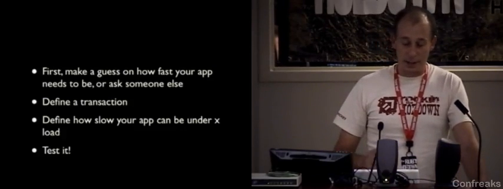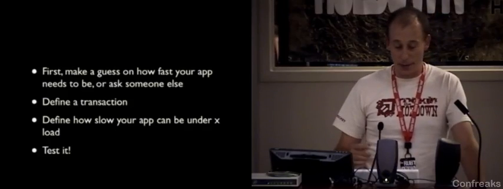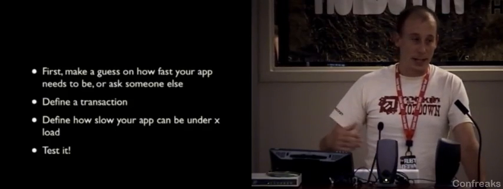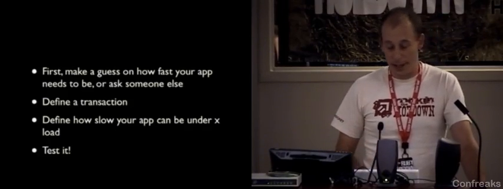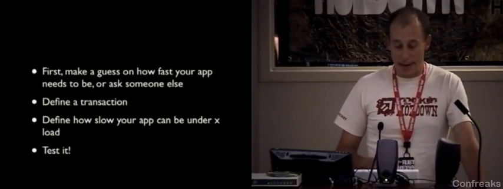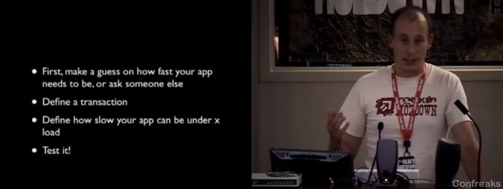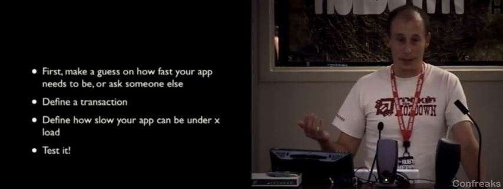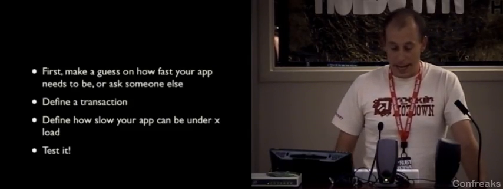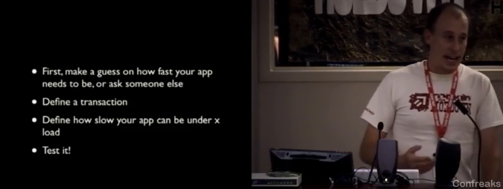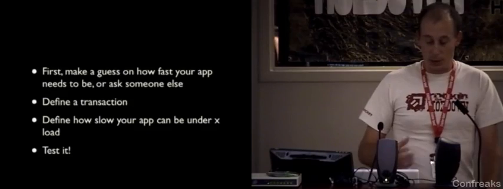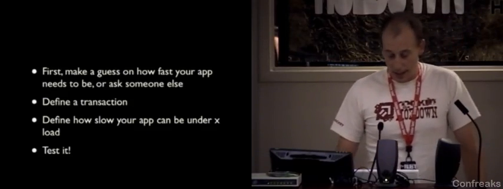But before you do that, I think what people don't do a lot of times is they don't do the steps that you need to do before you actually do your stress test. The first thing you need to do is make a guess on how fast you think your app needs to be, and you'd be amazed at how many people don't even do this. The next thing you need to do is define a transaction or two, which will scope your testing.